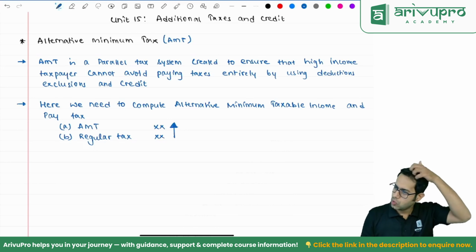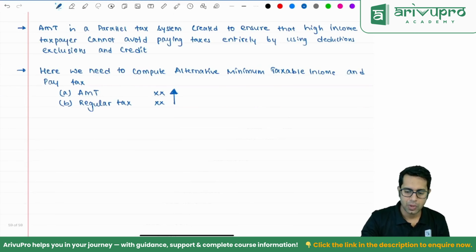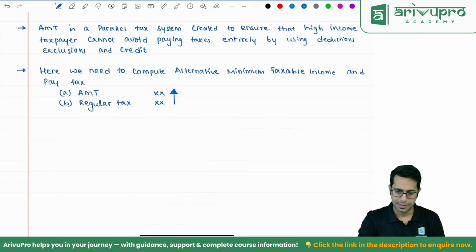First they are going to compute your alternate minimum taxable income, and then the tax applicable on such income will be computed, and you have to pay whichever is higher.